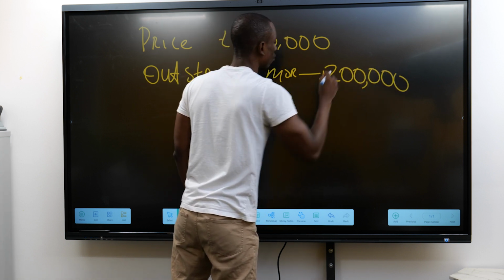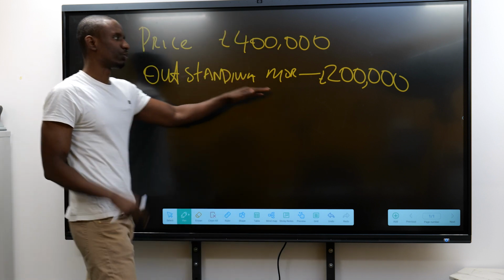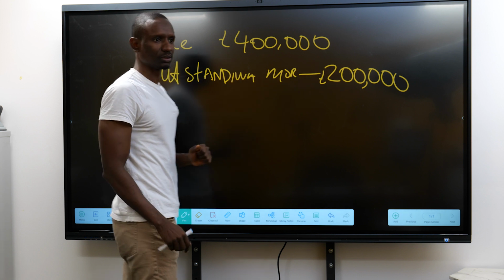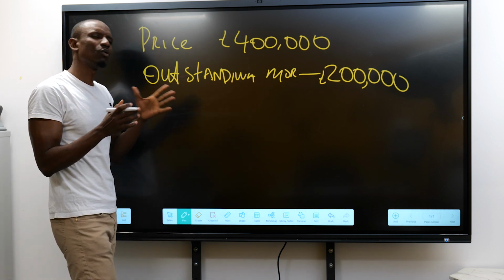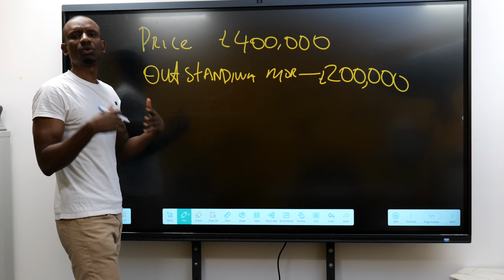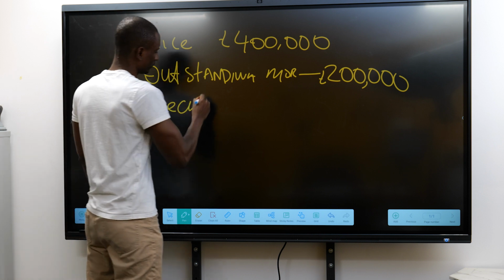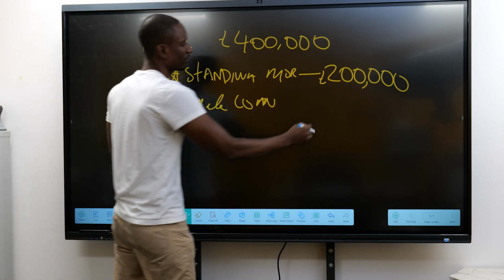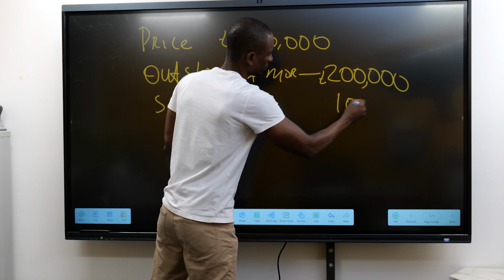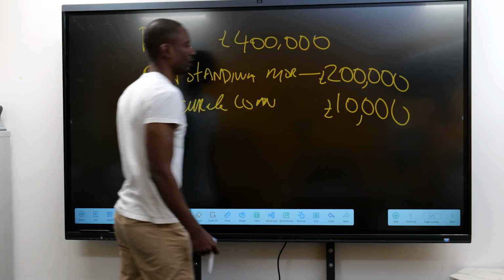Okay, so that is what we've got outstanding with the bank, and that's what we're paying interest on. Let's say because we've had the property for a very long time, we somehow maybe took a secured loan against the property, let's say of maybe £10,000. So £10,000 is our secured loan.